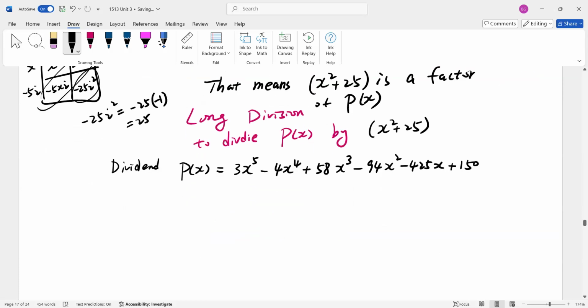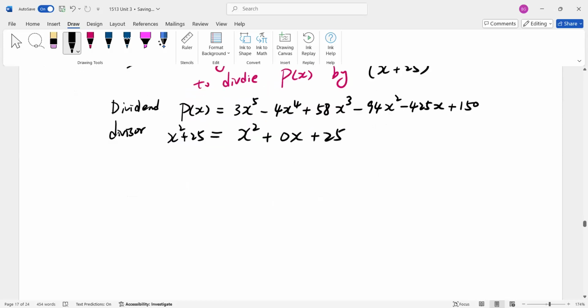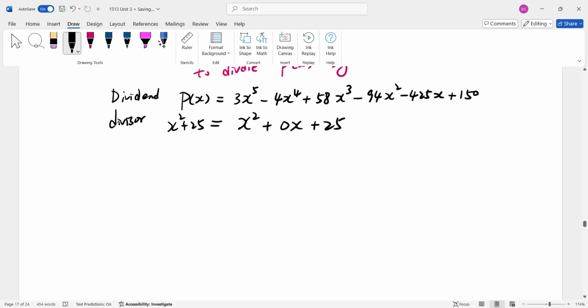And the divisor is x squared plus 25, which is not in the standard form. We have to rewrite it: x squared plus 0x plus 25. And now let's do the long division. Very lengthy, right?